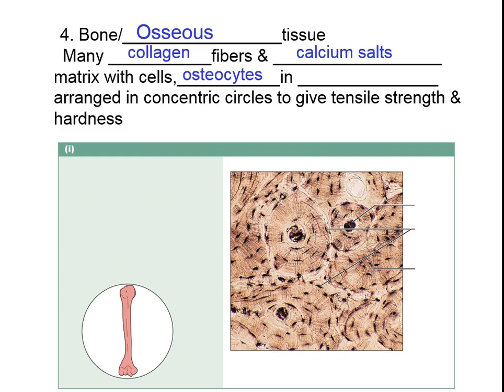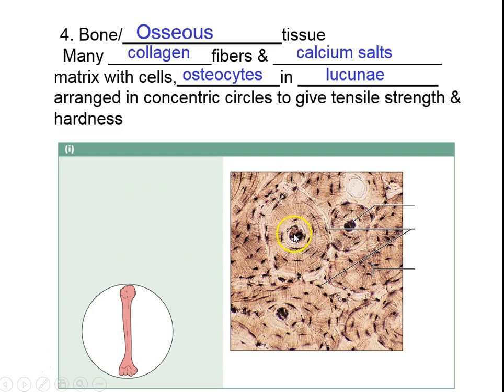The cells are called osteocytes, and they're found in lacunae, arranged in concentric circles, that gives the bone tensile strength, allows it to bend just a little bit without popping, and hardness. So the salts give it the hardness, and the fibers give it the tensile strength.